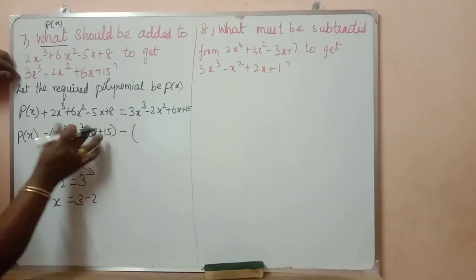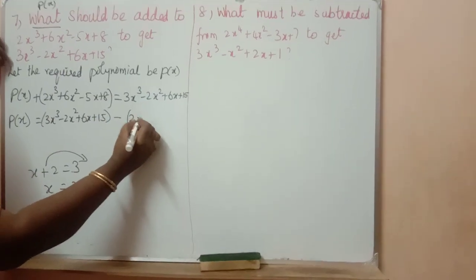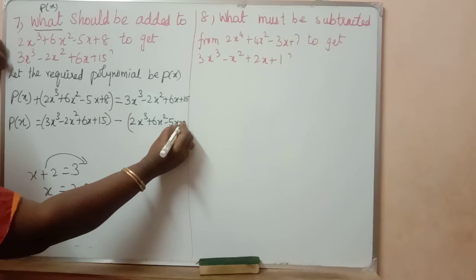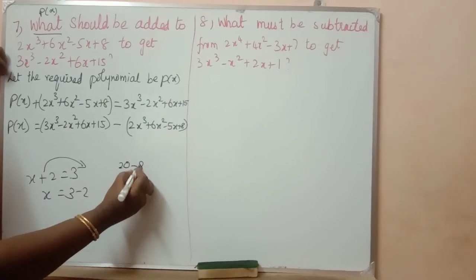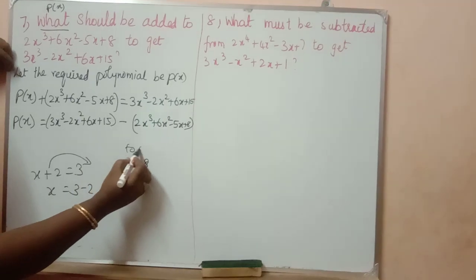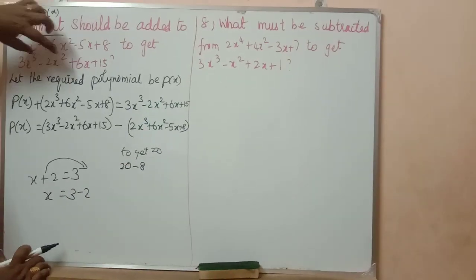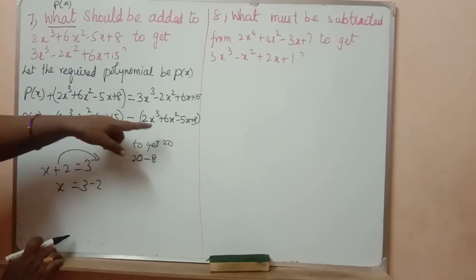So minus, bring this polynomial here: 2x cube plus 6x square minus 5x plus 8. That's what I told, 20 minus 8. To get 20, so 20 minus 8. The same we are doing. To get this polynomial, this polynomial minus the previous polynomial.